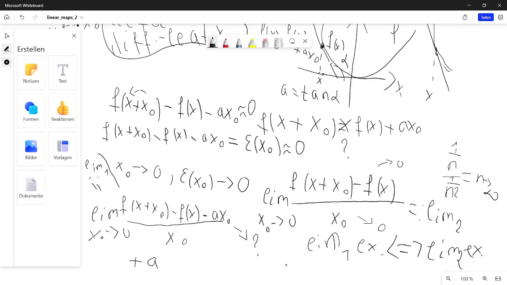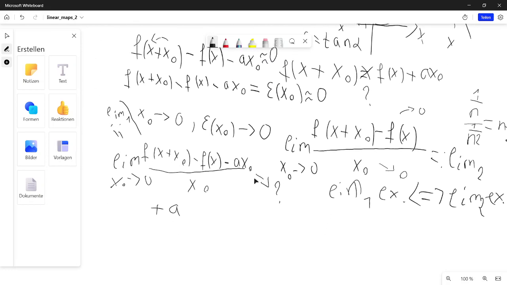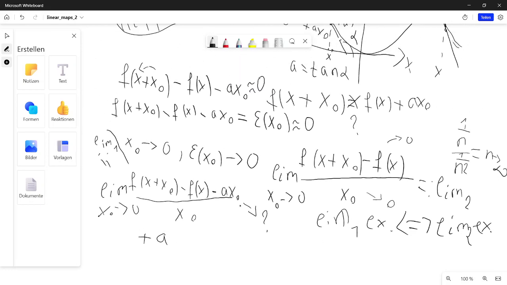That is, we have looked at this, right? And we have realized, not in a rigorous way, but more or less, that when this goes to zero, this goes to zero, it is not enough to conclude that the function is differentiable. So it is not enough for the function to be differentiable.